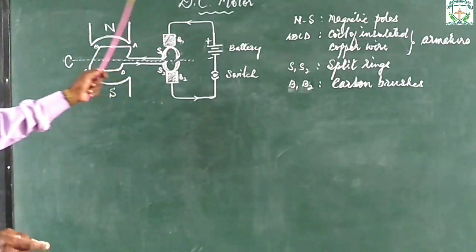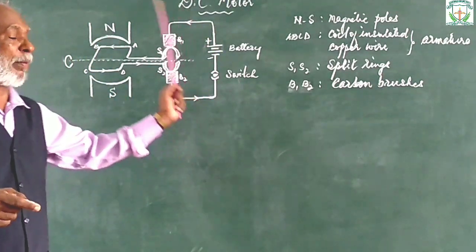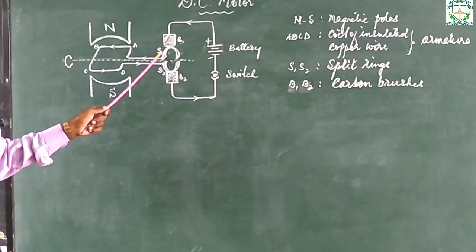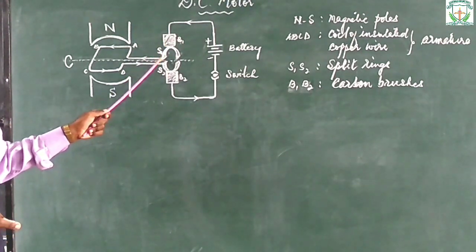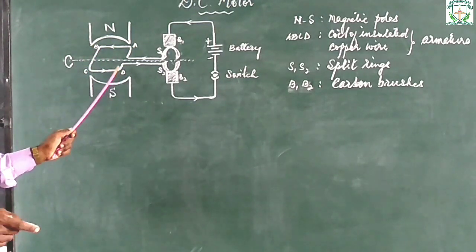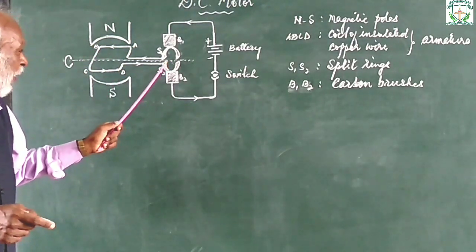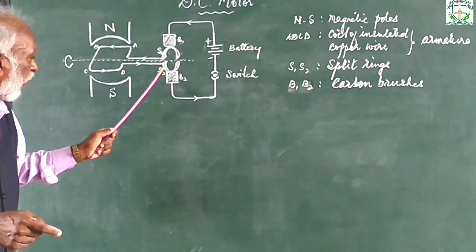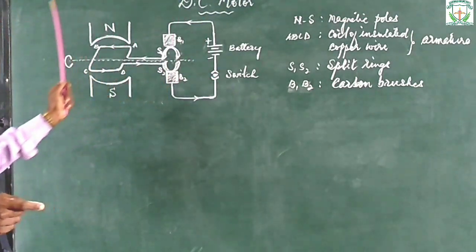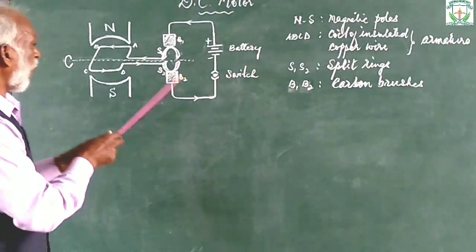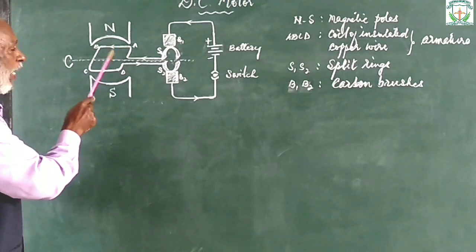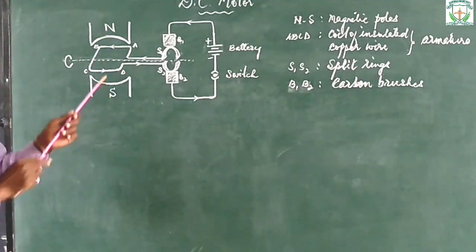So one cycle is completed. This is the way the current flows in the armature, in this coil. The coil is also called the armature.